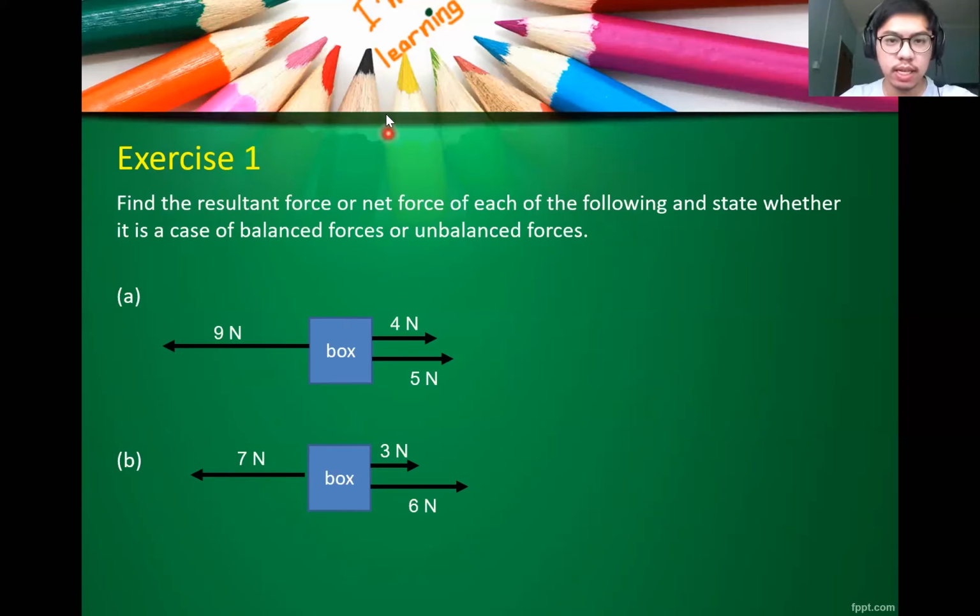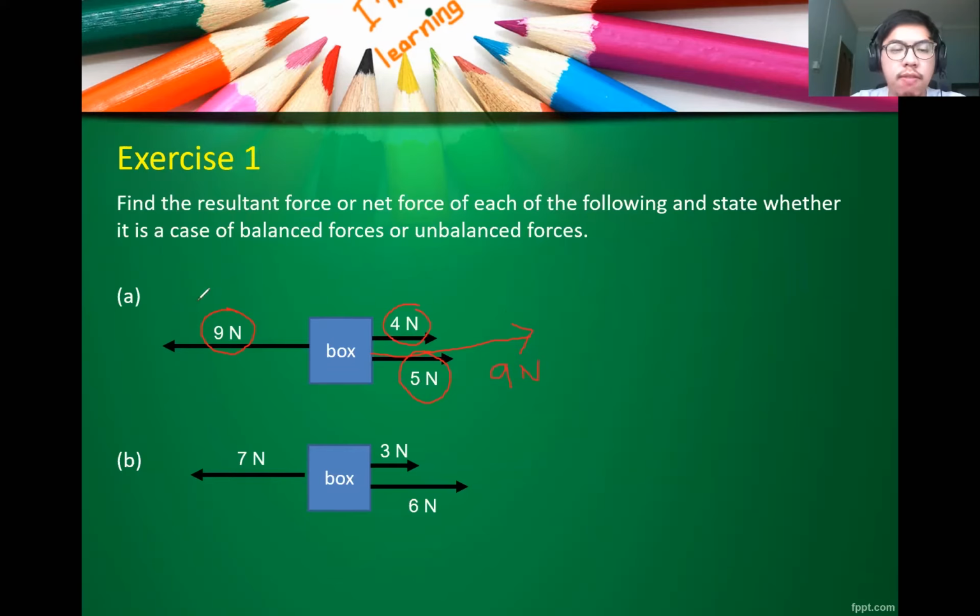The first one here, you have 9 Newton to the left, and then 4 Newton to the right, and 5 Newton also to the right. When you add these two together, the total force on the right side of this box is equal to 9 Newton.